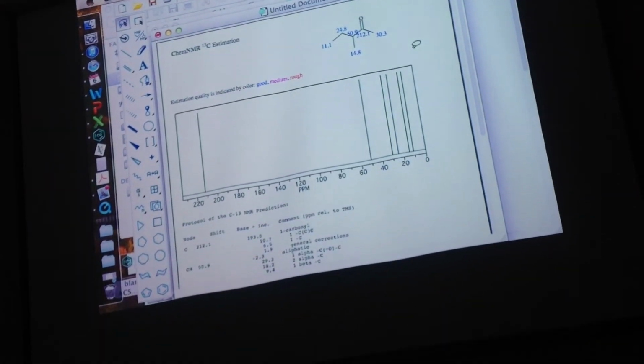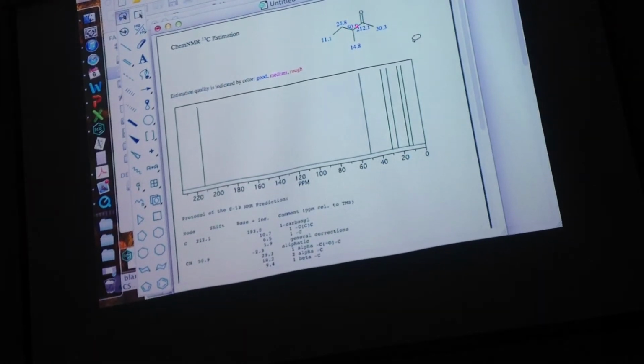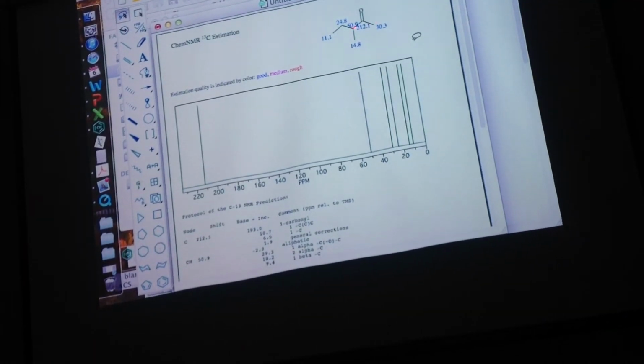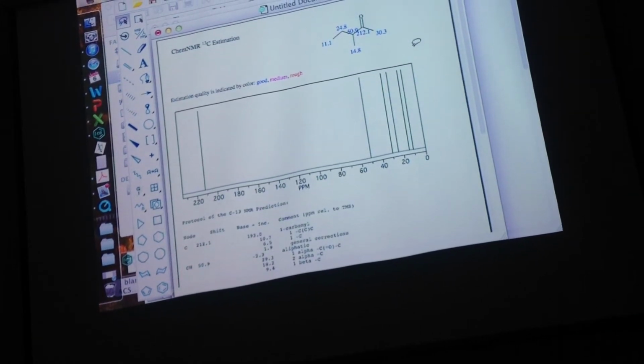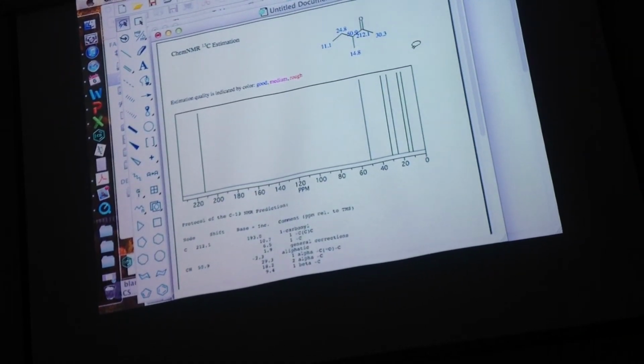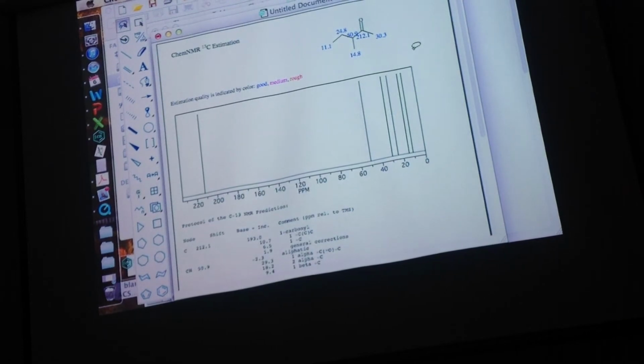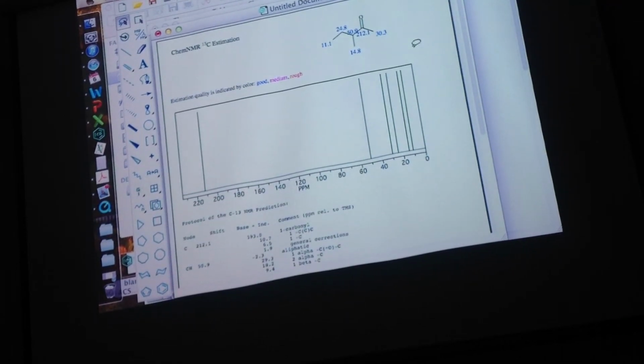So the ones I would go to next would be the ones right next door. This CH3 right here, and that one right there that's a CH, so it's substituted with groups. As we just talked about in answer to Justine's question, when you start putting alkyl groups on, you start getting incremental shifts to higher parts per million.